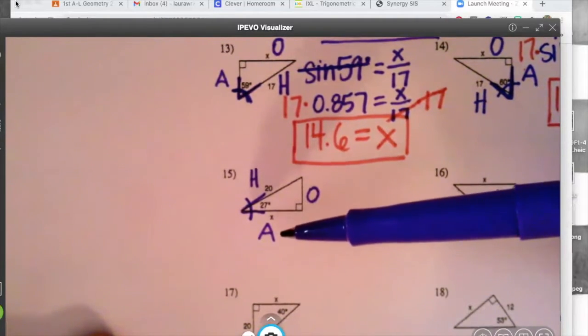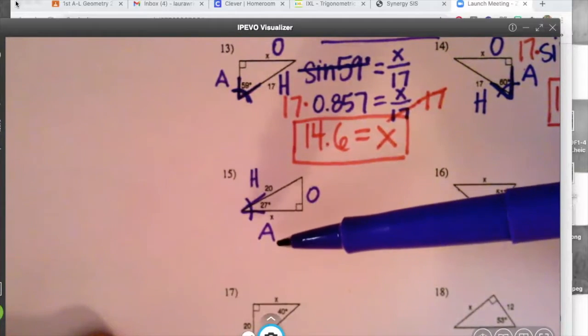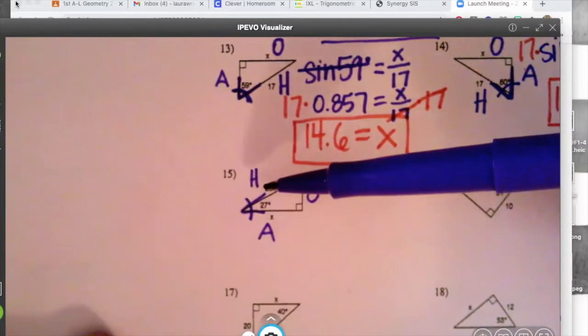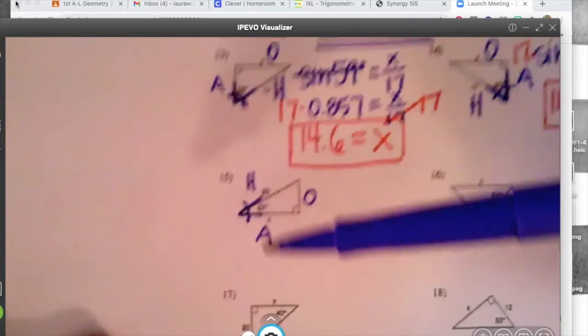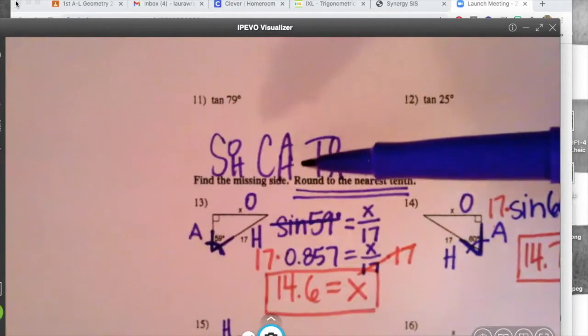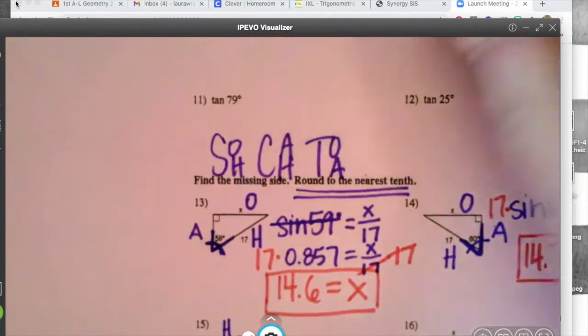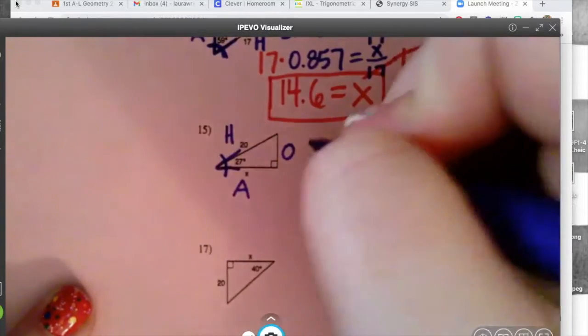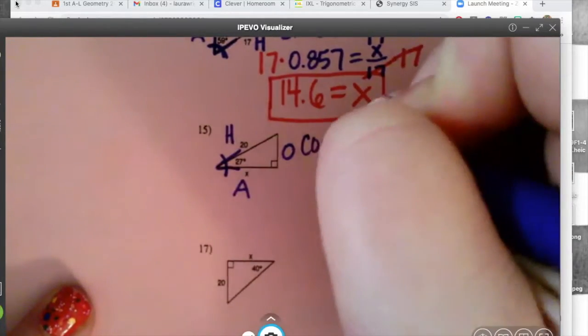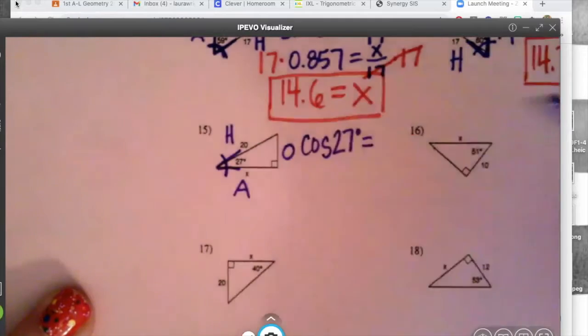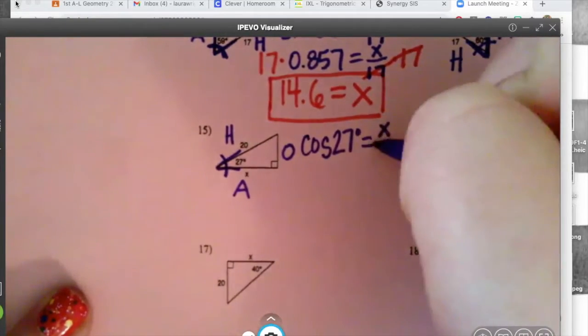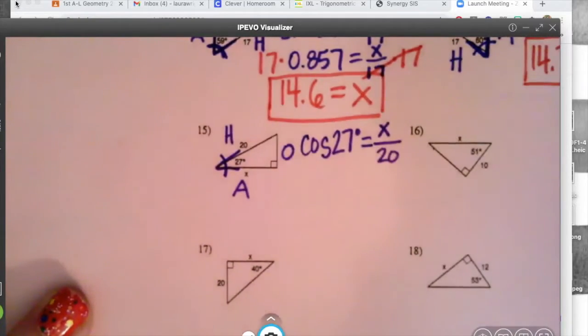Otherwise, I'm not going to be able to solve for it. So I have to use adjacent. And I have the hypotenuse. So adjacent and hypotenuse are cosine. So I'm going to set up cosine of 27 degrees equals adjacent over hypotenuse, x over 20.